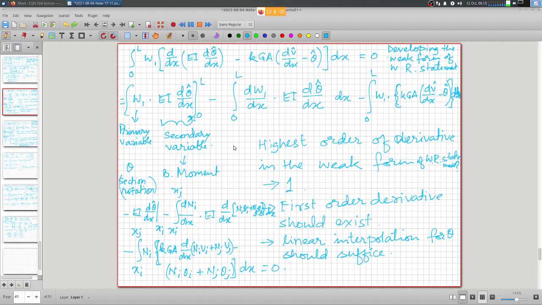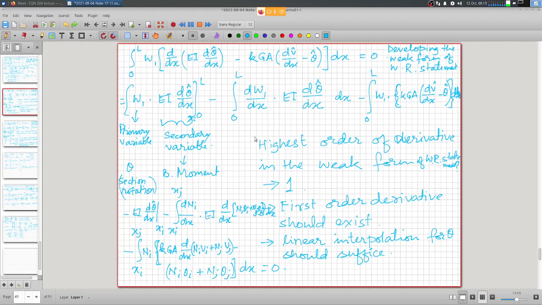So only C0 continuity of primary variables is required. So primary variables in this case being transverse displacement v and the section rotation theta, treated independent of each other. So C0 continuity is required and highest order derivative being 1.